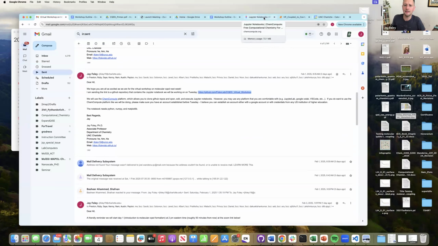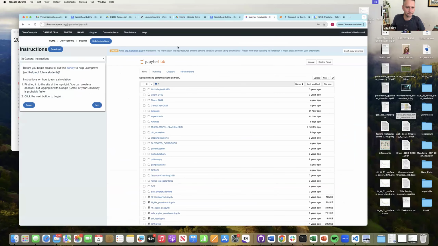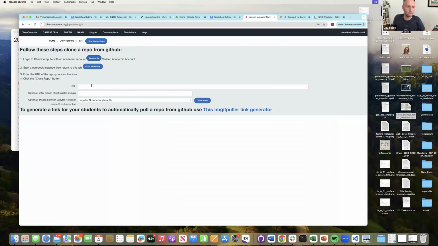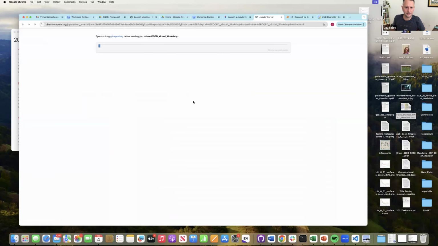In the ChemCompute server, I can go to clone a GitHub repo, in Jupyter, to your notebook. In this place, all I have to do is paste my URL and hit clone repo, and hopefully this will work.